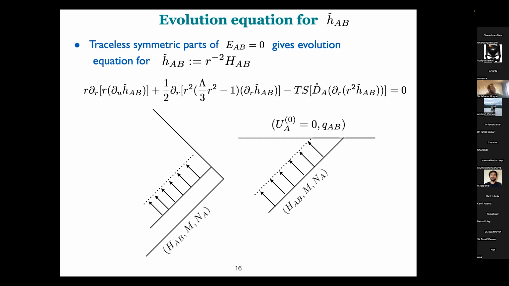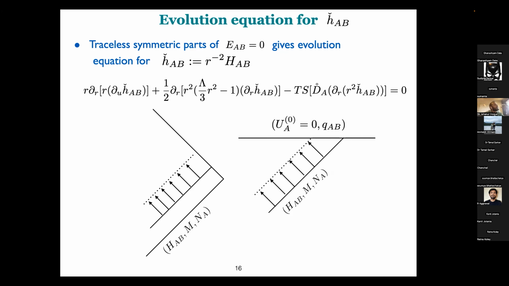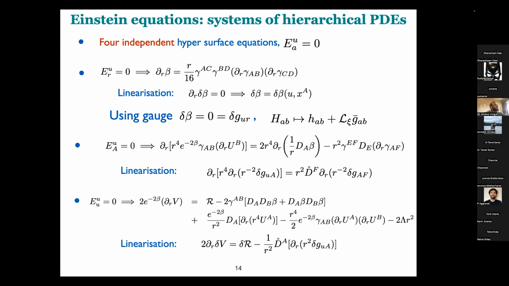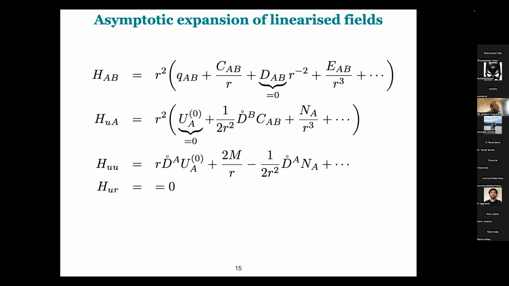So if I have h_AB on a hypersurface, this equation tells me the value of h_AB on a nearby hypersurface. Once I get the value of h_AB on the nearby hypersurface, I plug it again into the hypersurface equations to extract h_UR, h_UU, and the other components.